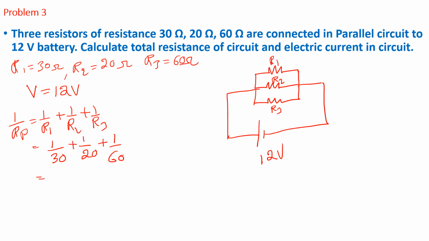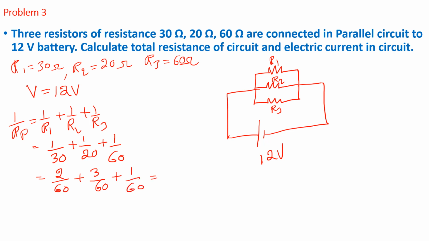Make it 60 everywhere. So it is 2 by 60 plus 3 by 60 plus 1 by 60.